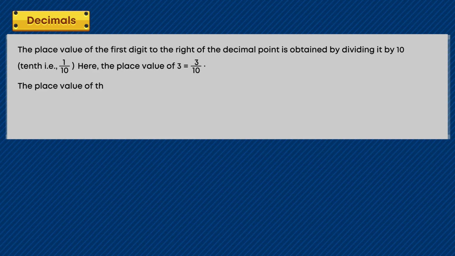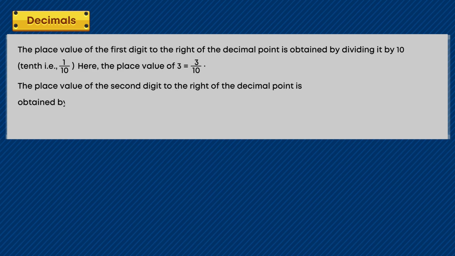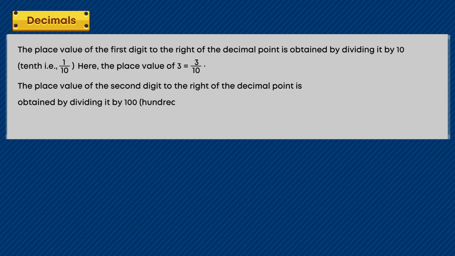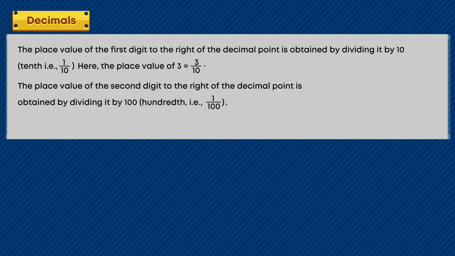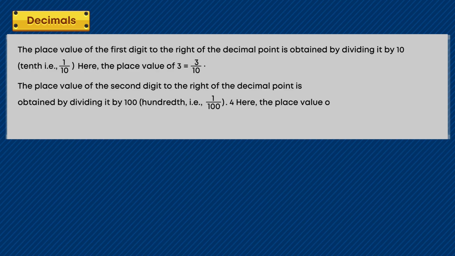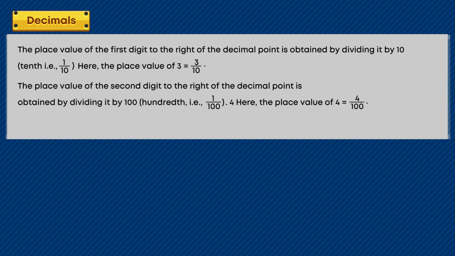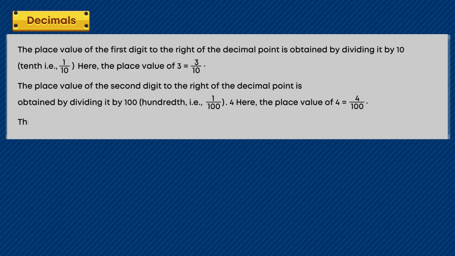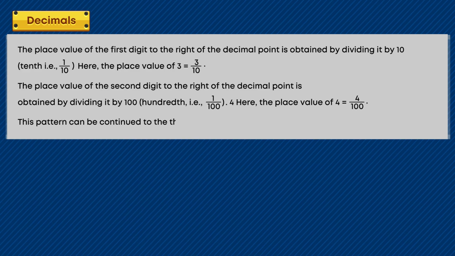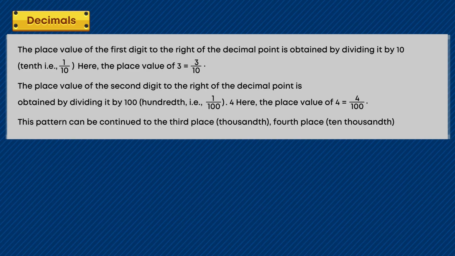The place value of the second digit to the right of the decimal point is obtained by dividing it by 100, that is, 1 by 100. So here, the place value of 4 is 4 by 100. This pattern can be continued to the third place, thousandth, fourth place, ten-thousandth, and so on.